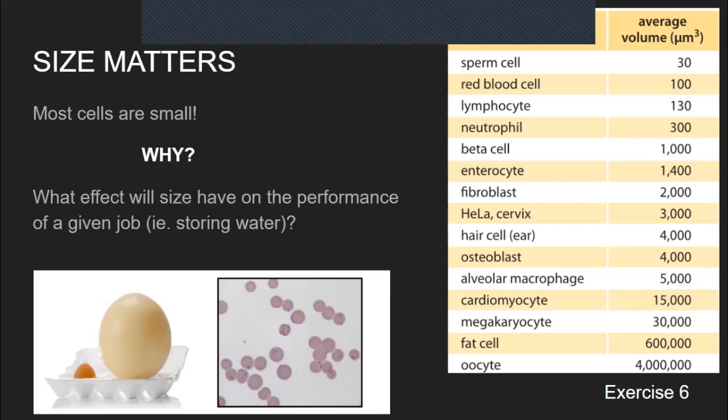That means that the amount of surface area you have compared to your volume is bigger. You have more surface area compared to your volume than you do when you are a bigger cell. So small cells are more efficient at letting things across their surfaces.